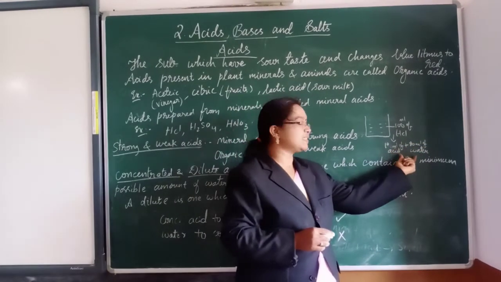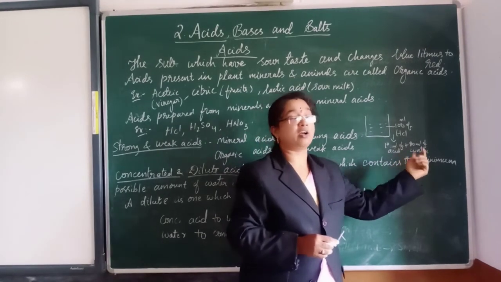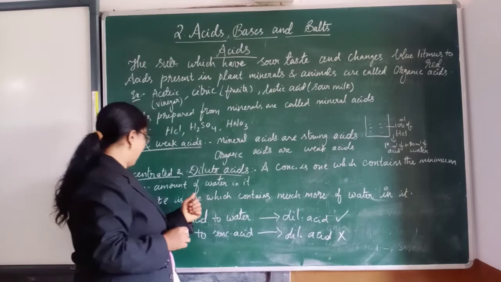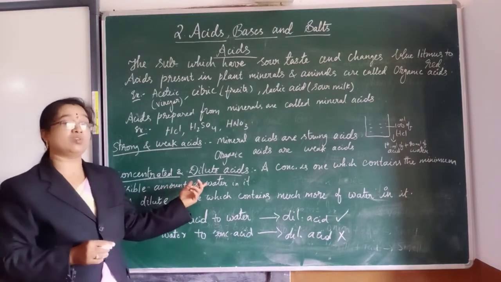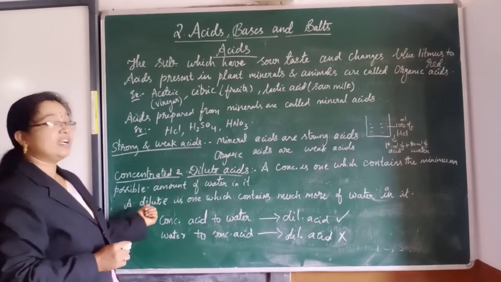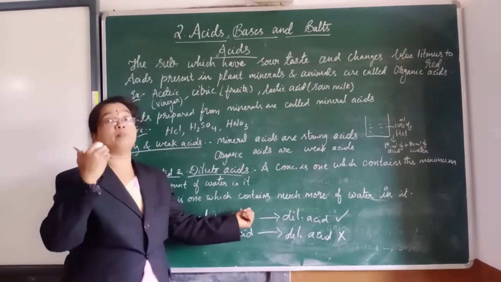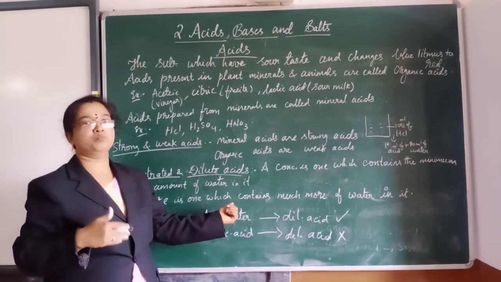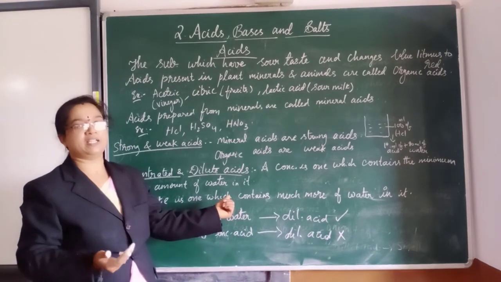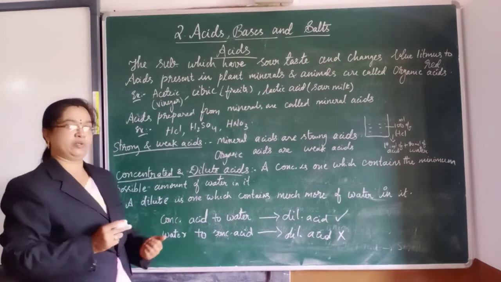See here which quantity is more? Water quantity is more compared to acid quantity, isn't it? So that type of acids we will call dilute acids. A dilute acid is one which contains a maximum amount of water.